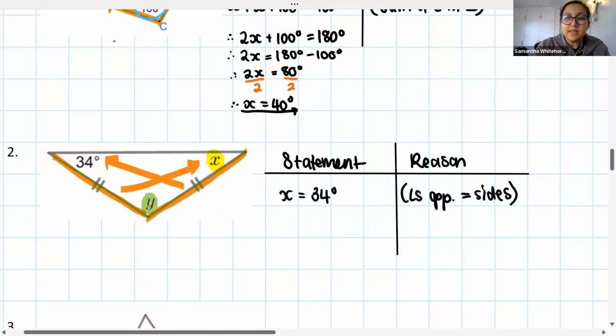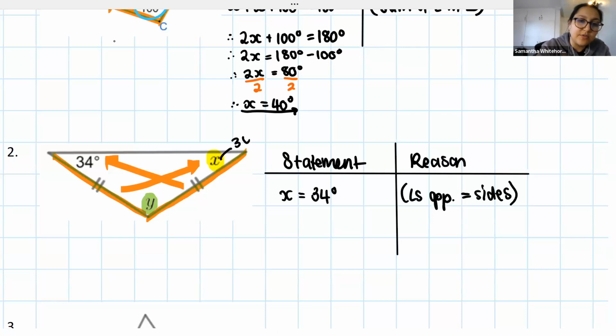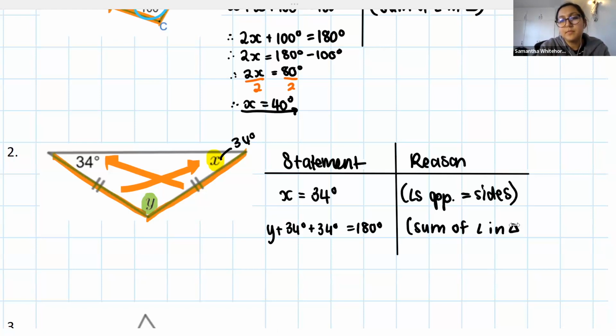Once we've got x, we are now able to get y. So remember this, x is 34 degrees. And guys, I've said this to you before as well. Put the information that you found on the diagram, because now this is going to help me get to y. Now I can see that y plus 34 degrees plus 34 degrees is equal to 180, because those are all our angles in a triangle, so sum of angles in triangle. And so now I can solve for y.